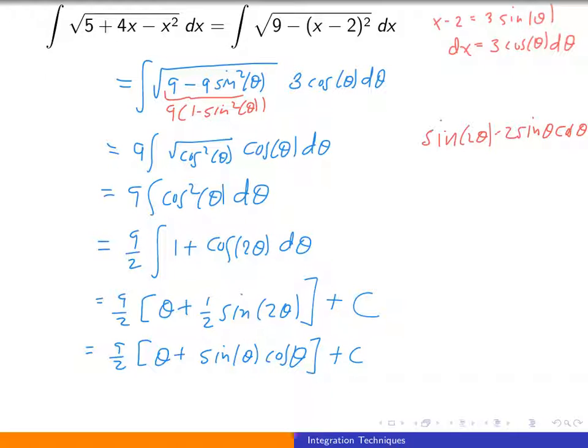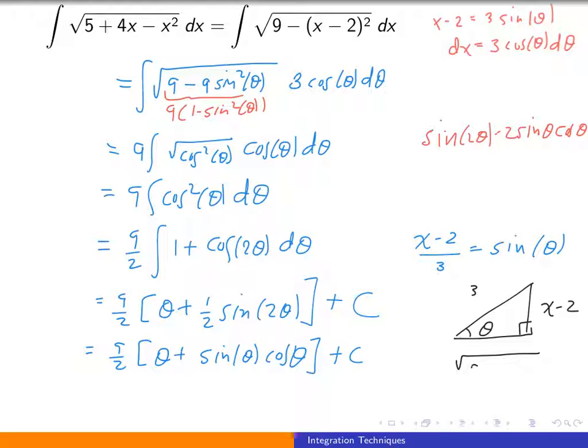And now we can draw that associated right triangle. We know that x minus 2 over 3 is equal to sine of theta. So when we draw our right triangle, we have theta, so sine of theta is x minus 2 over 3. And using the Pythagorean theorem, we can label this bottom leg as the square root of 9 minus the quantity x minus 2 squared. This allows us to take care of our final step here.